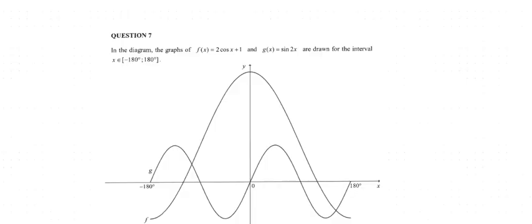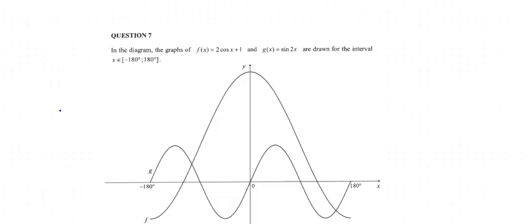Now we have question number 7. In the diagram, the graph of f of x equals 2 cos x plus 1 and g of x equals sin 2x are drawn for the interval x belongs to minus 180 to 180.